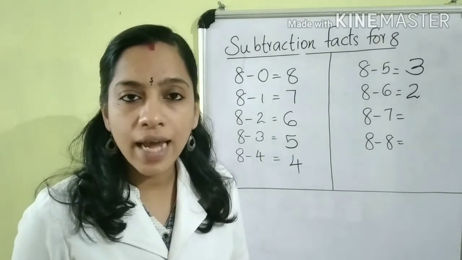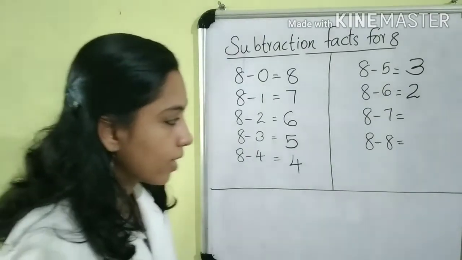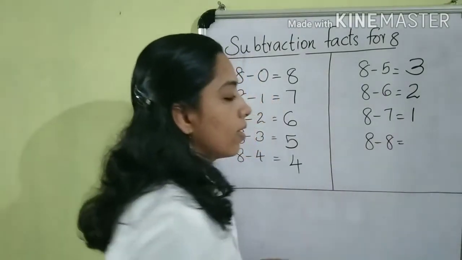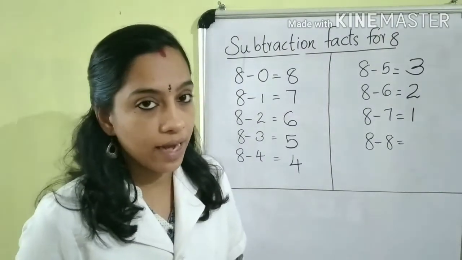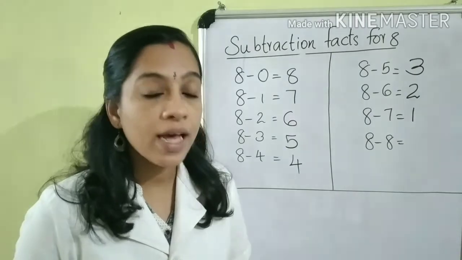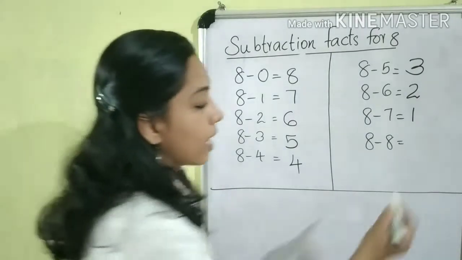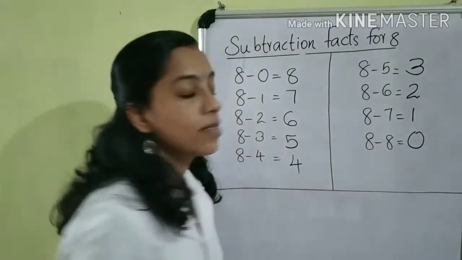Do you know what is 8 minus 7? Yes, it's 1. So we can write here 1. The last one, 8 minus 8. Here we can use the property. If any number is subtracted from itself, the answer is 0. That is 8 minus 8 is equal to 0.